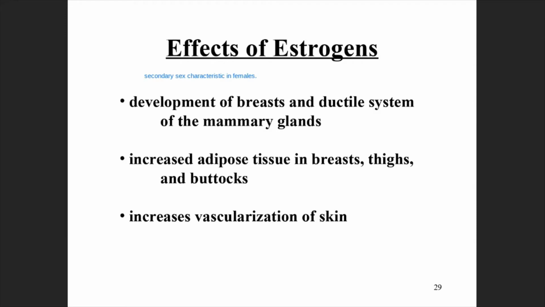This is due to the presence of estrogen. Typically, a girl who reaches puberty will have a high level of estrogen. The development of the breast, known as thelarche, includes the ductal system within the mammary gland.